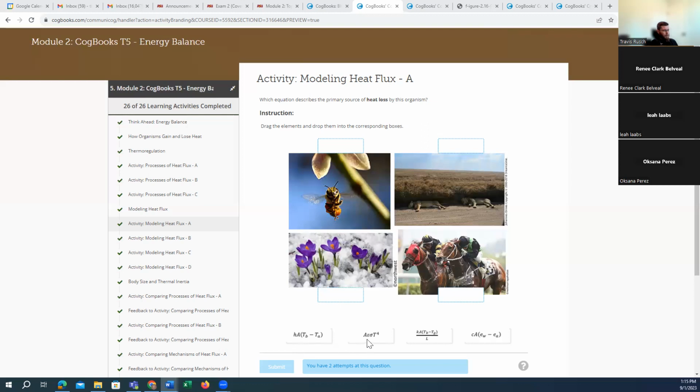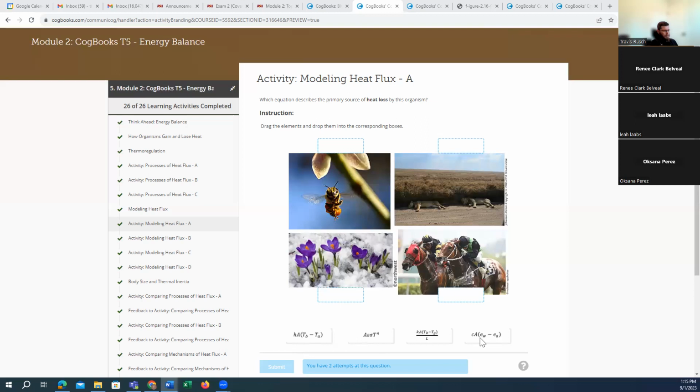And then the second one, what is this one with A, emissivity, the Boltzmann constant, and T for temperature? That is radiation. Yep, and then this Ka, body temperature minus ground temperature over L. Conduction. Yeah, that's conduction, so that's contact with some sort of object, right?